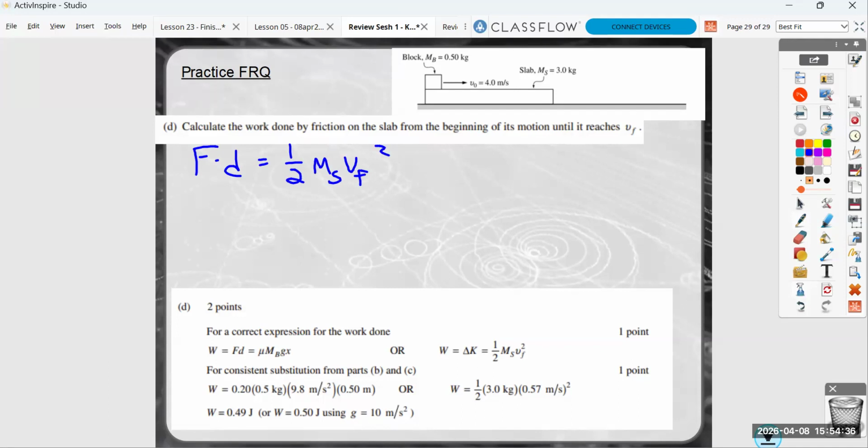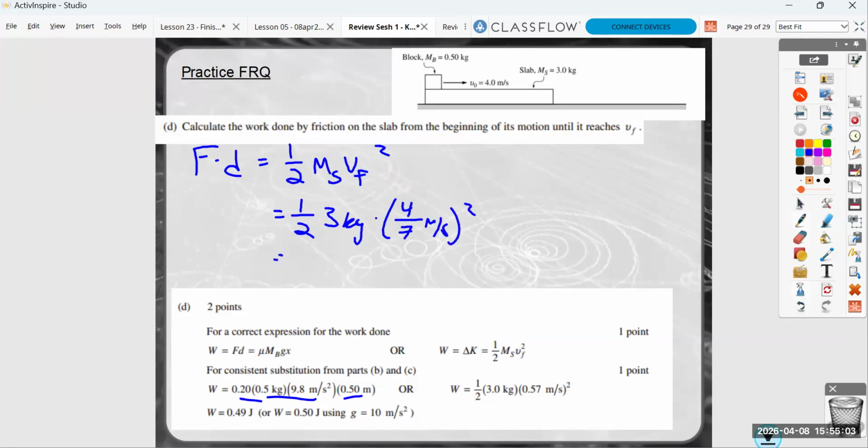Yeah. So you could do force times distance. It does work. I mean, at this point in the question, you know the force and you know the distance it moved. Or you know the other side of the equation, but I happen to like the other side of the equation, which is going to be 1/2 times 3 kilograms times 4/7 meters per second squared.